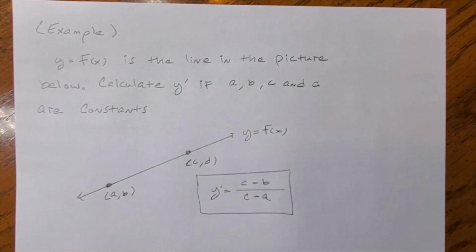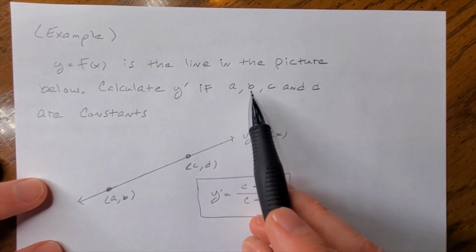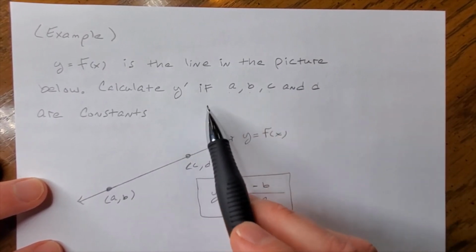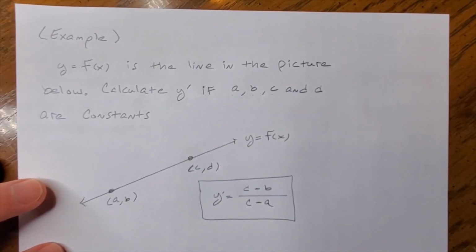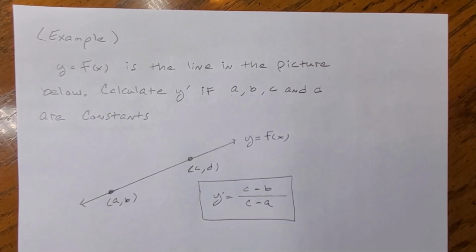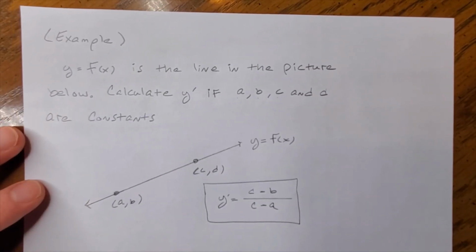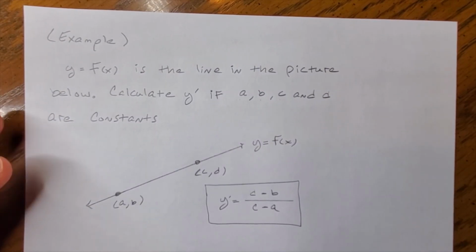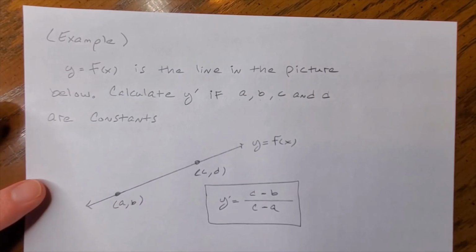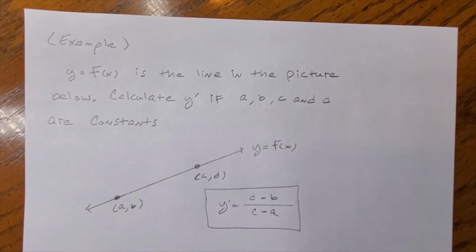I show you this just so you can start getting used to working with unspecified constants. It will seem a little strange at first. It's easier to do math in general when all the numbers are known. When they're not, it may seem more confusing, but in general, we do the same thing.